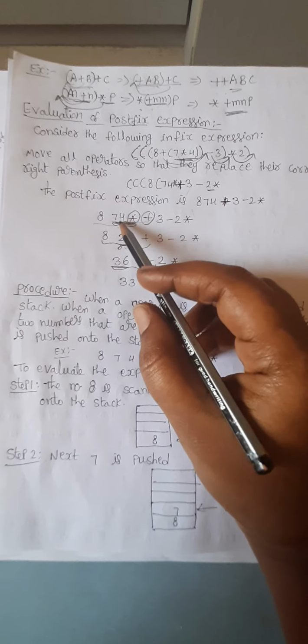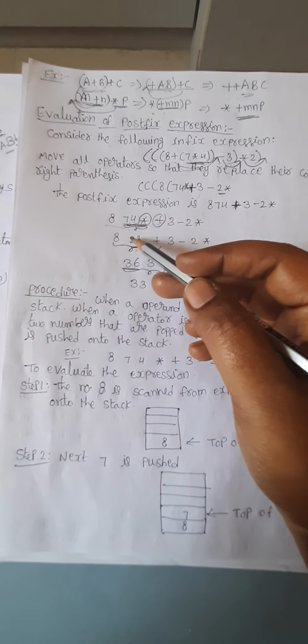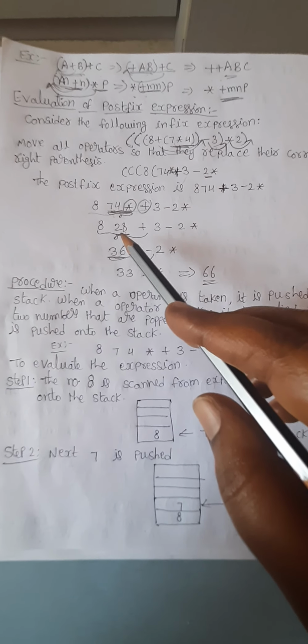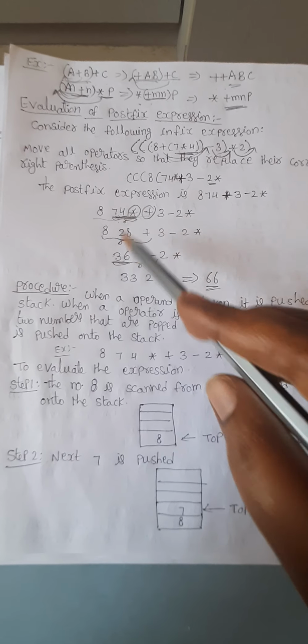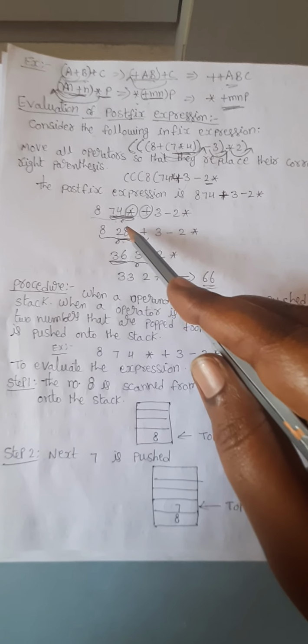Whenever we are multiplying here, that is 7 into 4, at that time what will happen is 7 and 4 will be popped from the stack, and then 28 will be pushed. After popping 7 and 4, 28 will be pushed. And again here we are adding 28 plus 8, that will become 36.